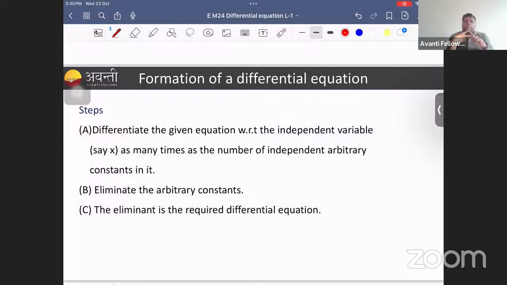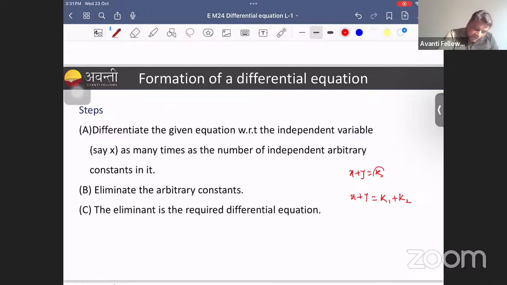Now there are two important words, that is independent arbitrary constant. Am I clear? So what is independent arbitrary constant? Like if you see somewhere x plus y equals to k, and then you see somewhere x plus y equals to k1 plus k2.